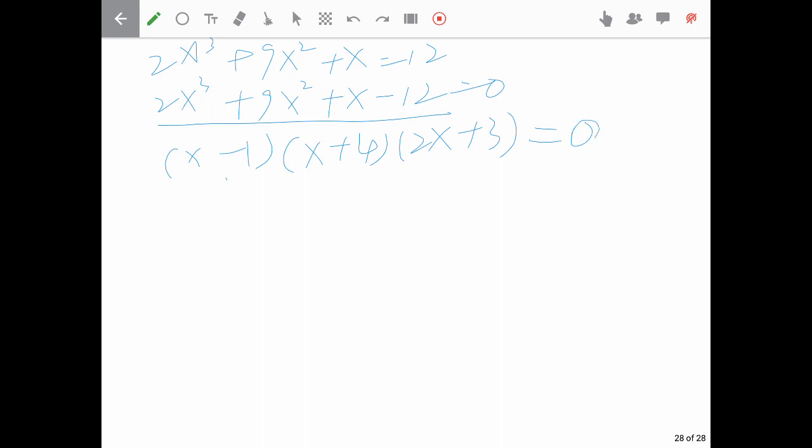What would be the solution for this? All the factors could be 0. So why, when we solve the equation, do we factorize it first? Because any of the factors can be 0. So that can be 0, that can be 0, that can be 0. So x equals 1, or negative 4, or negative 3 on 2.